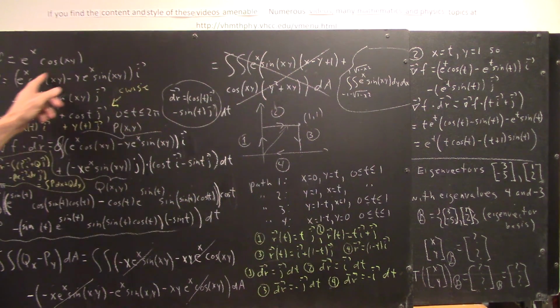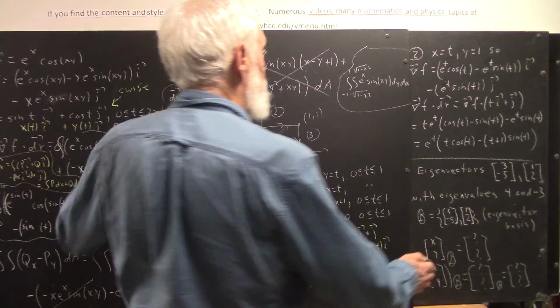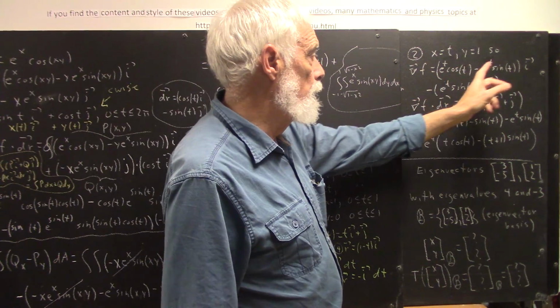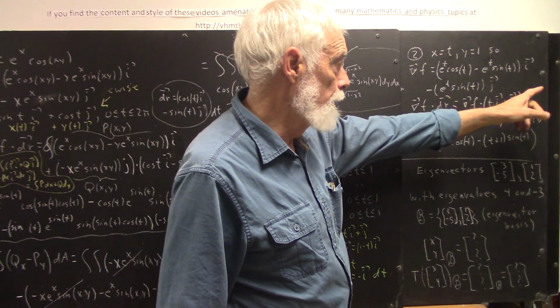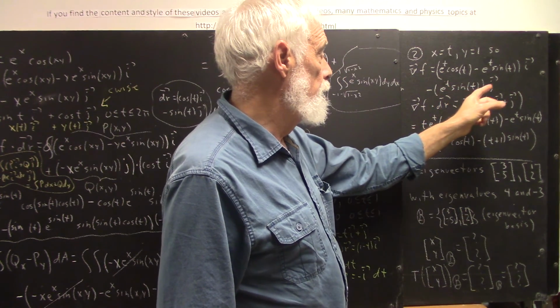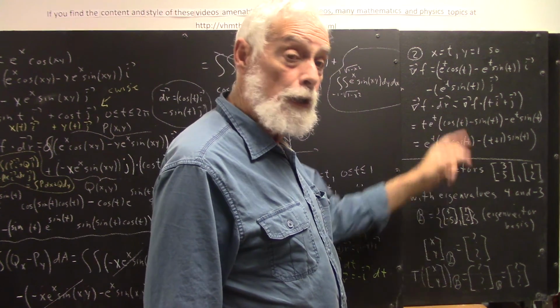You can verify that if we do that with our del f function, which you should be able to see over here, we get this: e to the t cosine t minus e to the t sine t times i, minus e to the t sine t j.